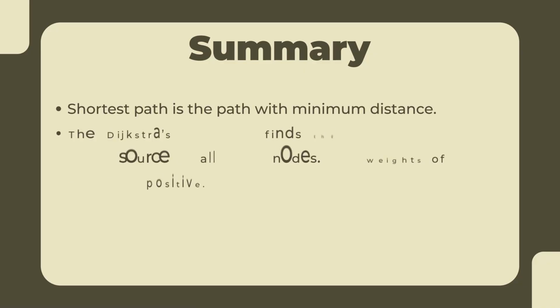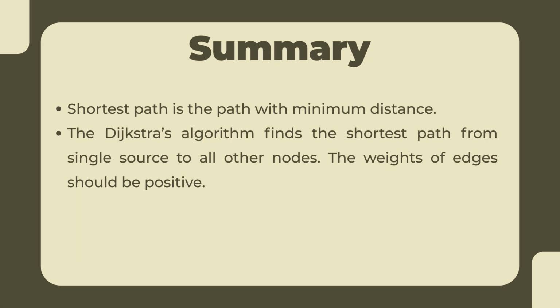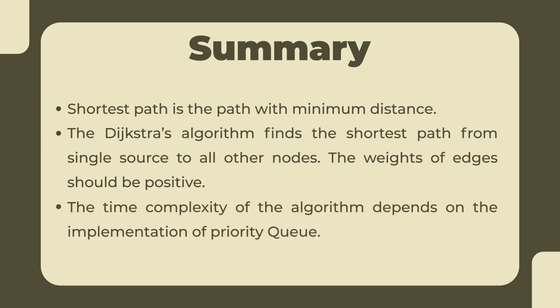This distance can be in terms of time, or, suppose you are doing it for roads, then it may be time or the actual kilometer distance. The weight of edges should be positive, and the time complexity of the algorithm depends on the implementation of the priority queue.